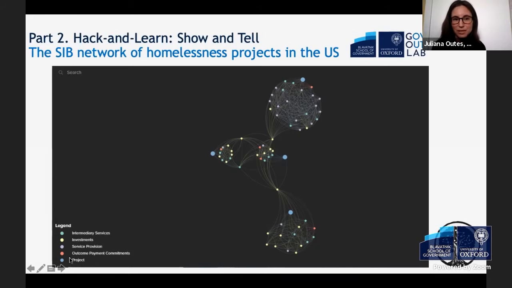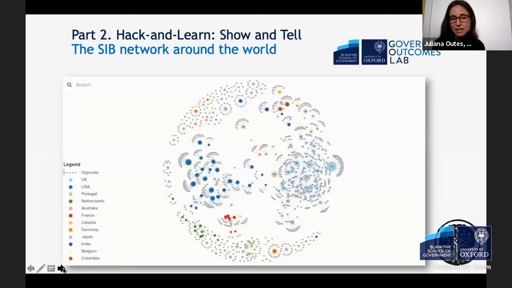If we can take a look at our next slide, we will find this graph of the SIP network around the world. It looks very tiny because it was the only way to make it fit in our slide. I think this graph is great because it shows us something that we were discussing yesterday in the conference during the morning.